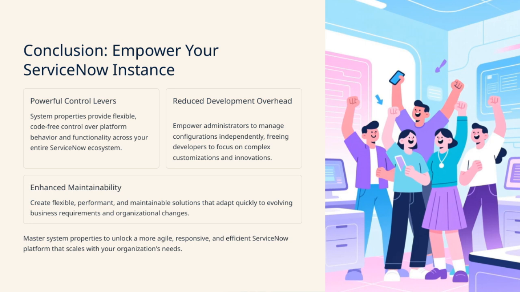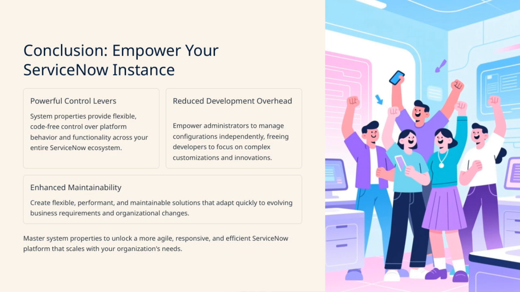One of the main benefits is enhanced maintainability. With system properties, administrators gain the ability to manage configurations independently, which means they can make adjustments without always needing developer involvement. This empowerment reduces bottlenecks and frees up developers to focus on more complex customizations and innovative features.